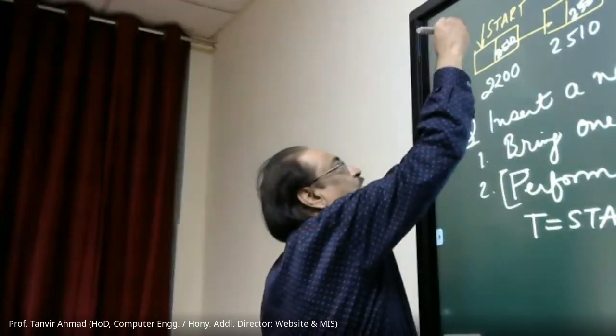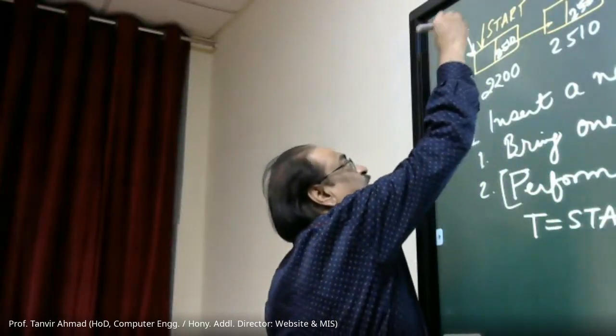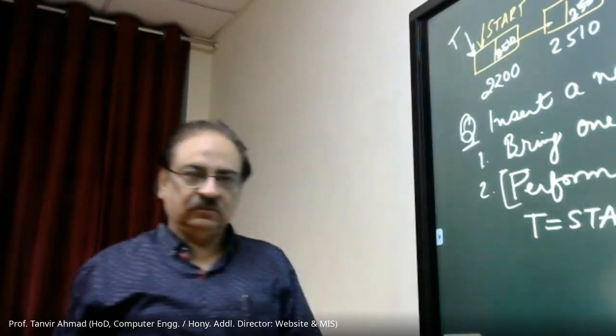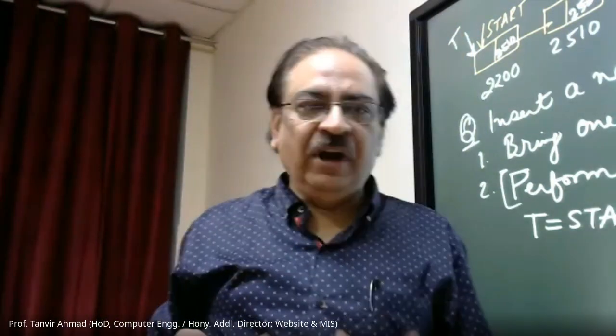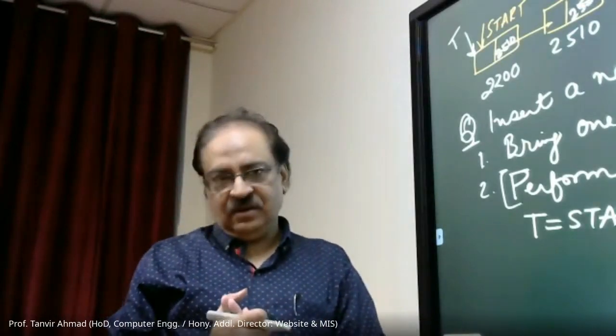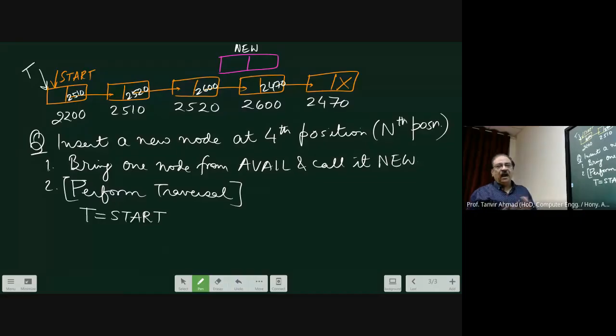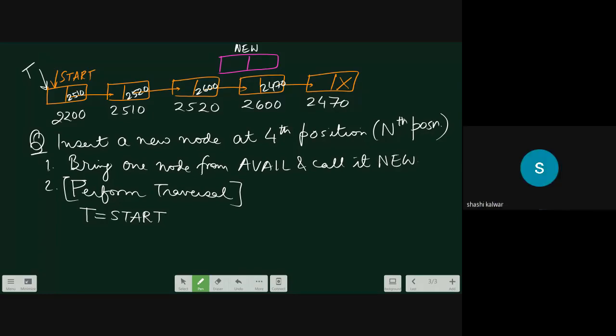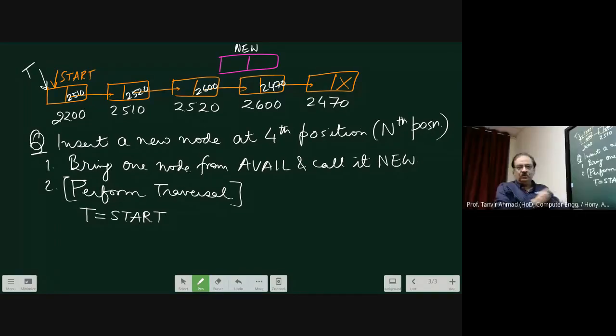Now that means you will have one more pointer over here called T. That means I point T to the starting node. And then I have to perform traversal till where? Obviously, to the third node.